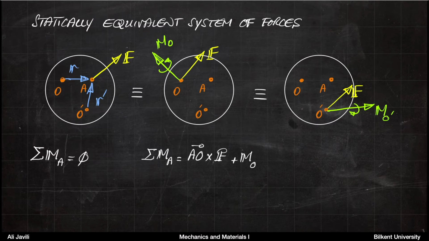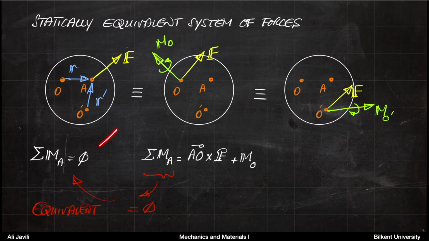So the sum of moments, or the resultant moment in this picture, would be AO cross product F plus the additional moment that I suggested would be required for the two systems to be equivalent. Now for the two systems to be equivalent, the requirement is that they must have equal resultant moment.